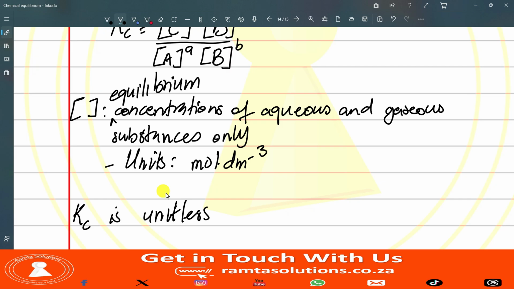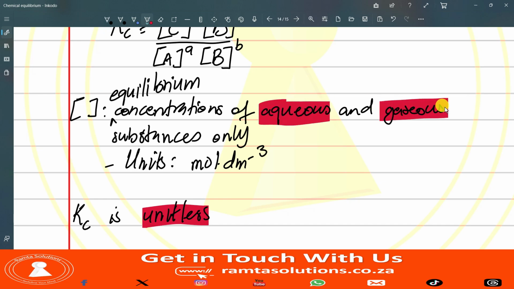I might do a video later where I answer some of the questions. For this video, let's just take it that Kc is unitless. These are equilibrium concentrations of aqueous and gaseous substances only.